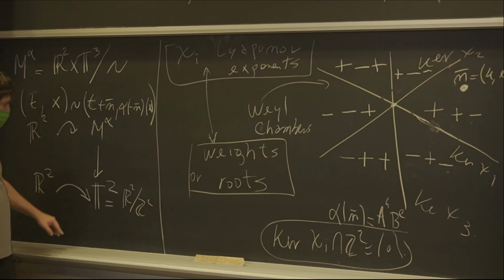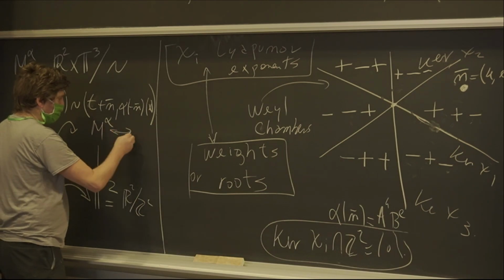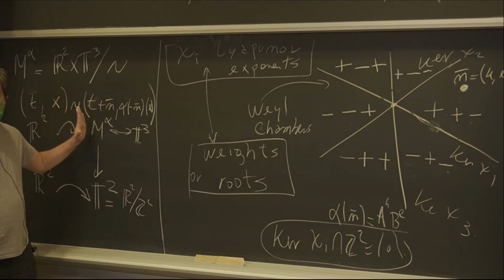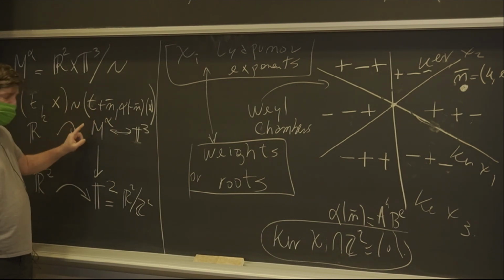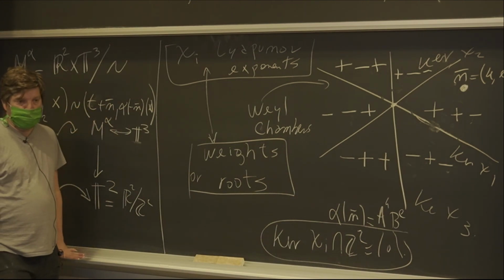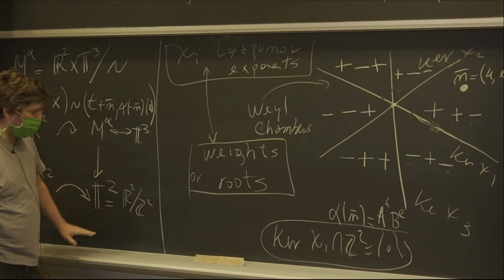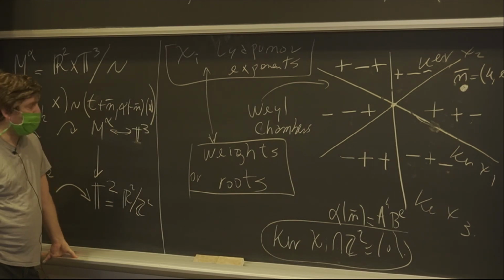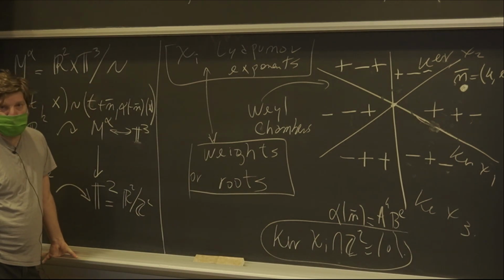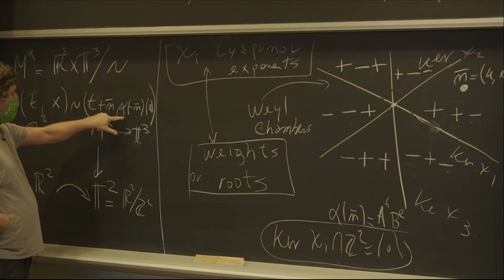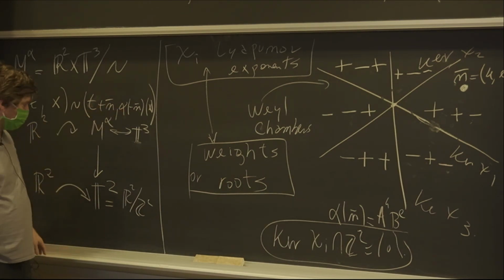Now the fiber here is T3. Okay, so over each point here I have a T3. M alpha is a solvmanifold which has this fiber T3 over this T square. The solvable Lie group behind it is R2 semi-direct R3, with a twisted addition coming from this expression.